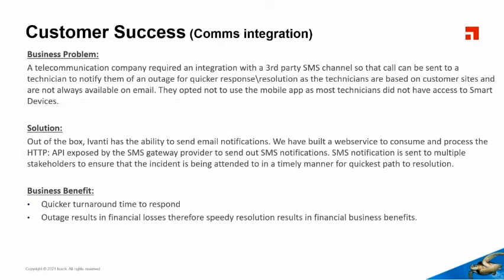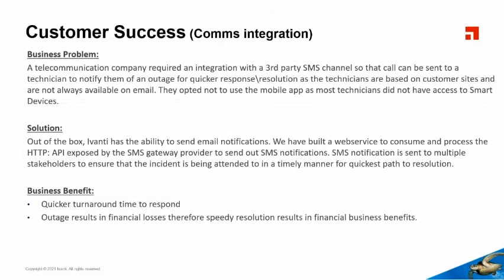So the solution that we basically provided to them was utilizing the out of box web service consumer process over HTTP, exposing the API to the SMS gateway, and sending out the SMS notification.